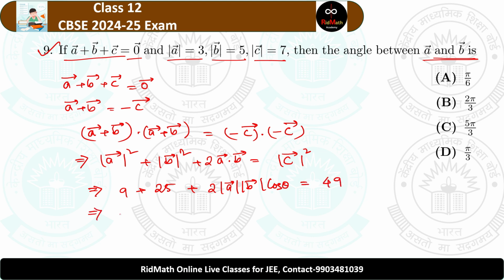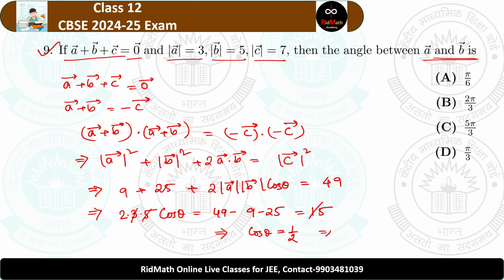So 2 into 3 into 5 and cos theta, this is equal to 49 minus 9 minus 25, that is 15. So that means 15 cancelled, so cos theta equal to half.